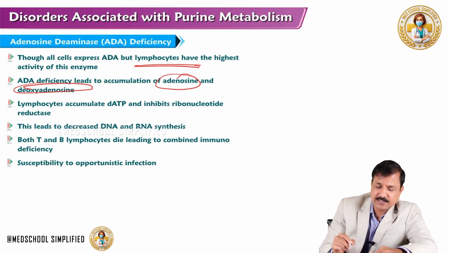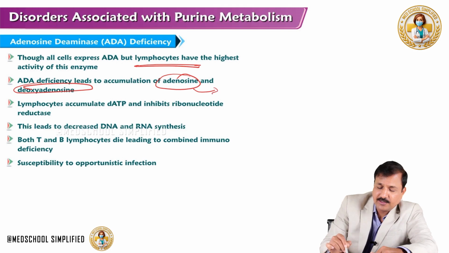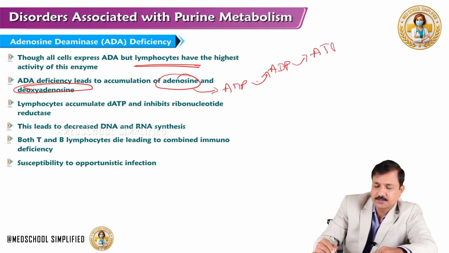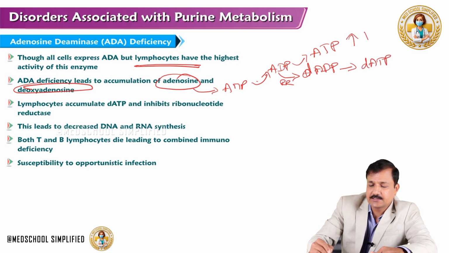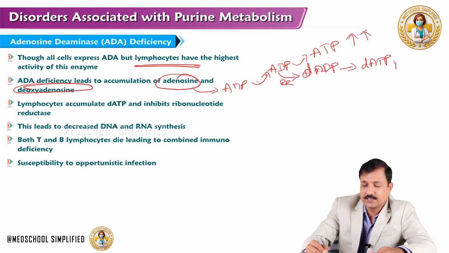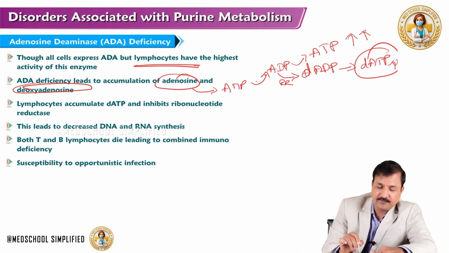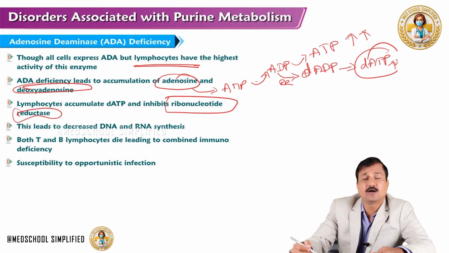With a buildup of adenosine and deoxyadenosine in these cells, adenosine will be converted into adenosine monophosphate, adenosine diphosphate and adenosine triphosphate on one side, and some of the adenosine diphosphate undergoes the ribonucleotide reductase reaction, becoming deoxyadenosine diphosphate, which is converted into deoxyadenosine triphosphate. So there will be an increase in ATP and also dATP in this disease. The increase in dATP will have an inhibitory effect on ribonucleotide reductase, because dATP is an inhibitor of ribonucleotide reductase.